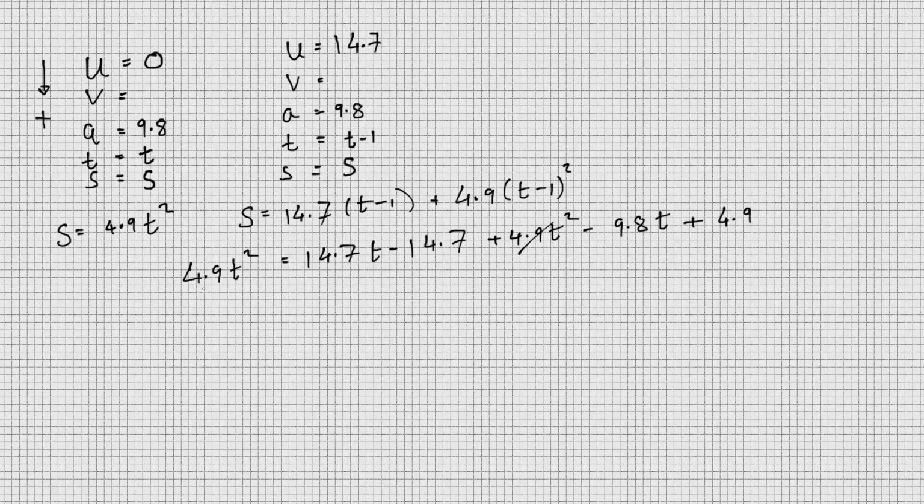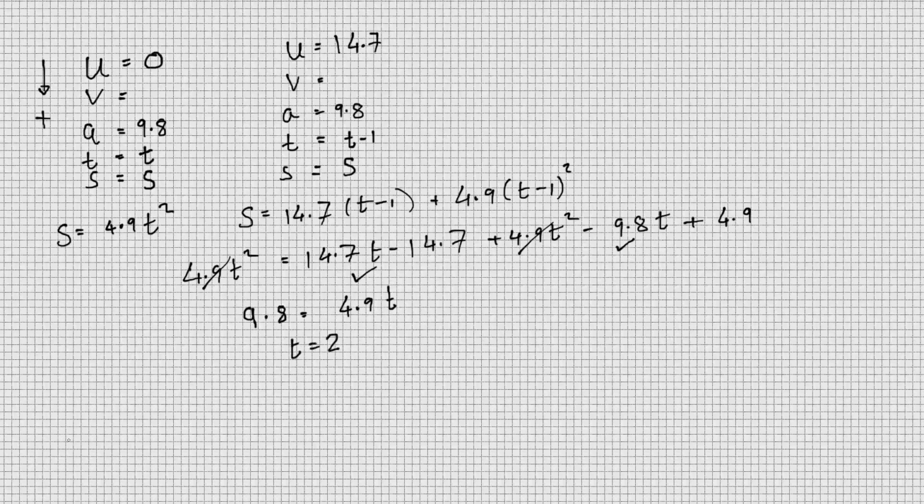So that cancels with that, preventing us from having a quadratic. 14.7 minus 9.8, that's 4.9 T. And then minus 14.7 plus 4.9, so that's 9.8, is it? Minus 9.8, take it to the left, becomes plus 9.8. I think T is 2 seconds.